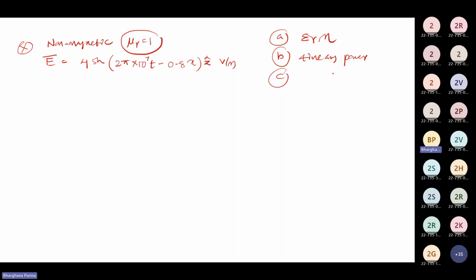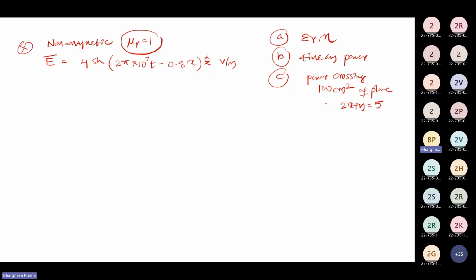And the third one is the total power crossing 100 centimeter square of the plane 2x plus y is equal to 5.